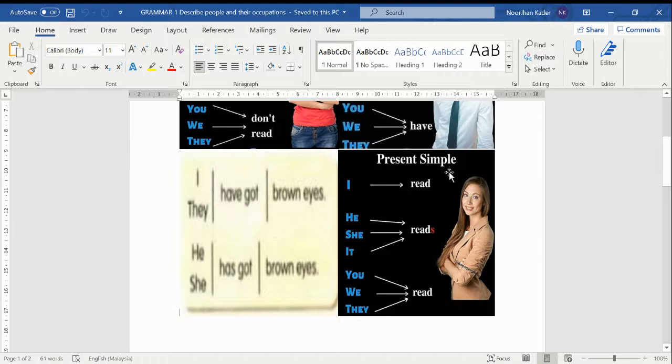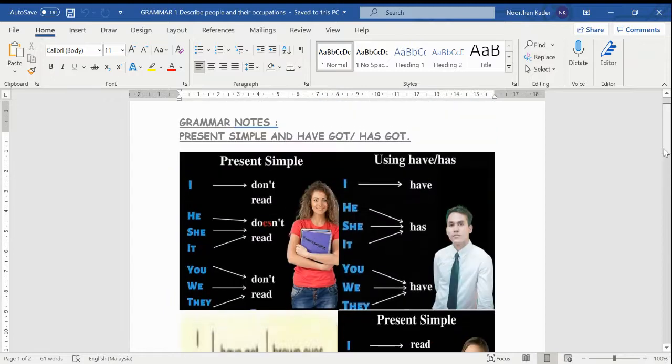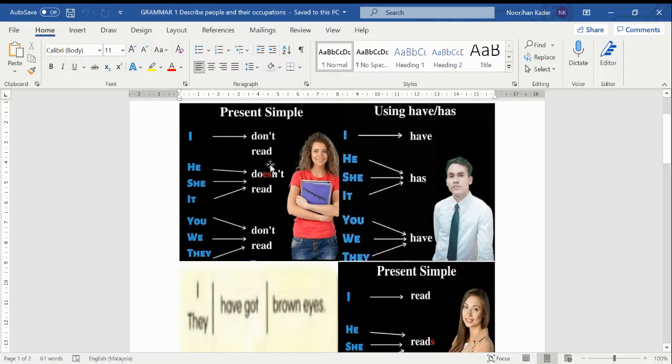Then after that, present simple tense, which is negative verbs. Oh sorry, not negative but positive verbs. So I will go through again. Firstly, I will explain the present simple tense in negative verbs.